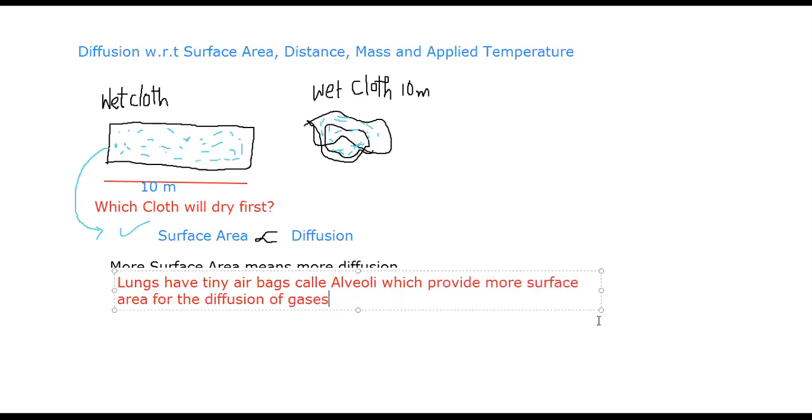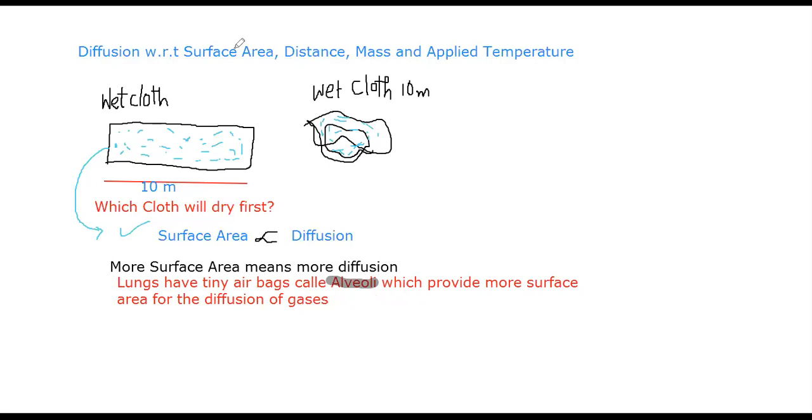So my dear students, when we talk about the lungs, what do they have? Lungs have one specialized part which is called alveoli. These alveoli provide more surface area for the diffusion of gases.